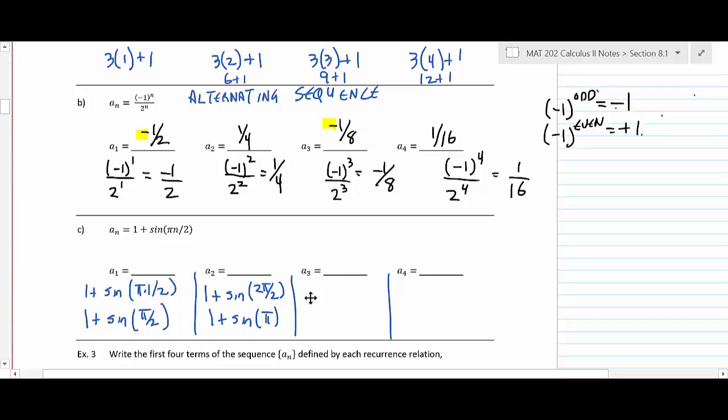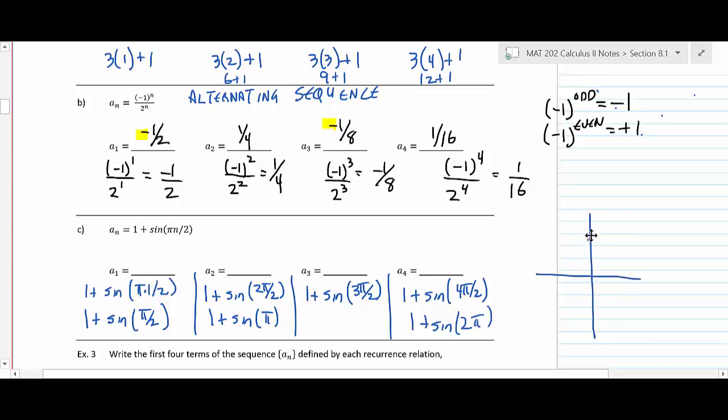Once you see the pattern, it's pretty easy to get. You've got 1 plus sine of 3 pi over 2, which we can also do. Then the next one is 1 plus the sine of 4 pi over 2, which is really just 1 plus sine of 2 pi. Now it's just the unit circle, and we'll look at each of these.